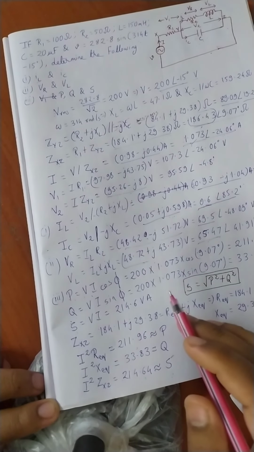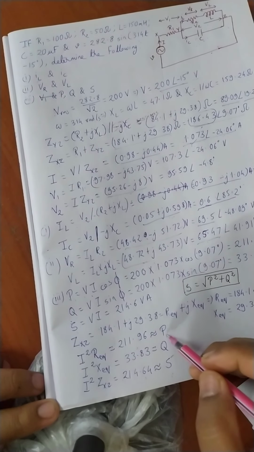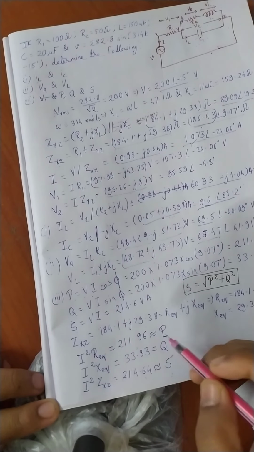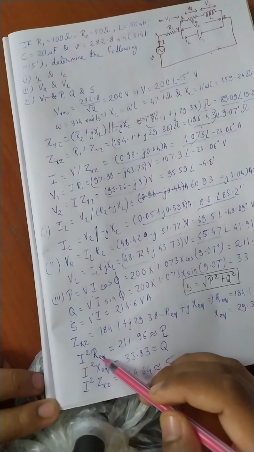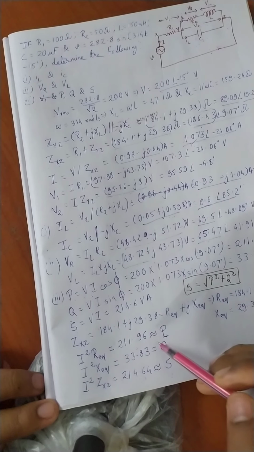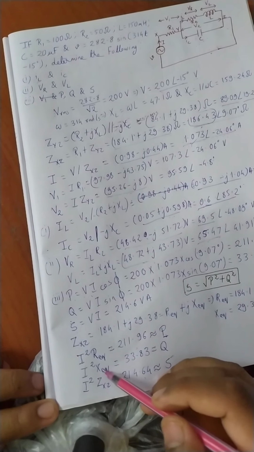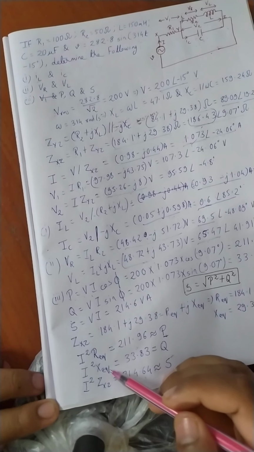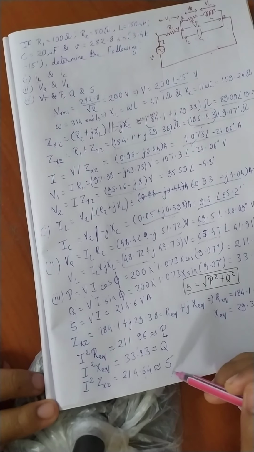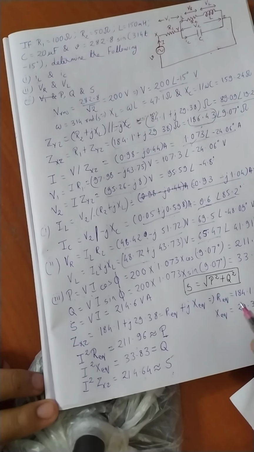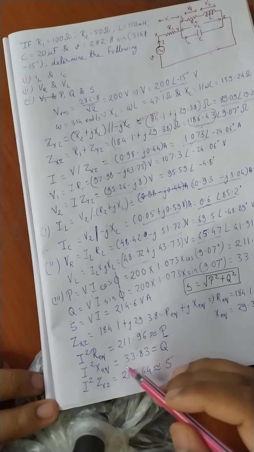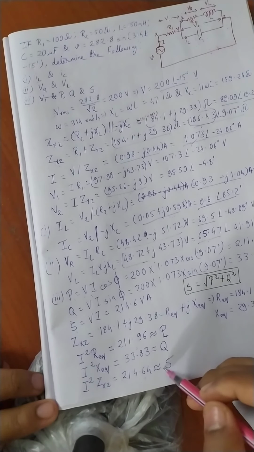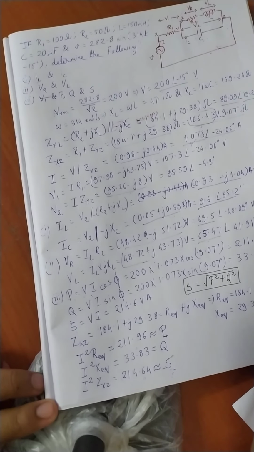This implies that this active power is basically the power dissipated in the resistive component of the circuit. Reactive power is the power stored, not dissipated I could say, in the reactive component of the circuit, and apparent power is the overall power consumed or stored. So that would be equal to the apparent power.